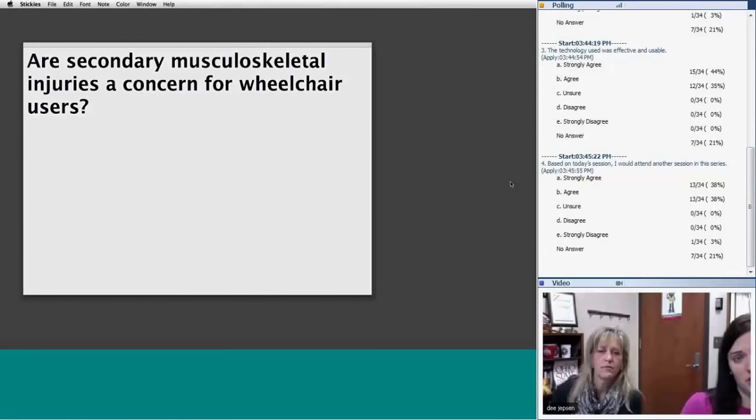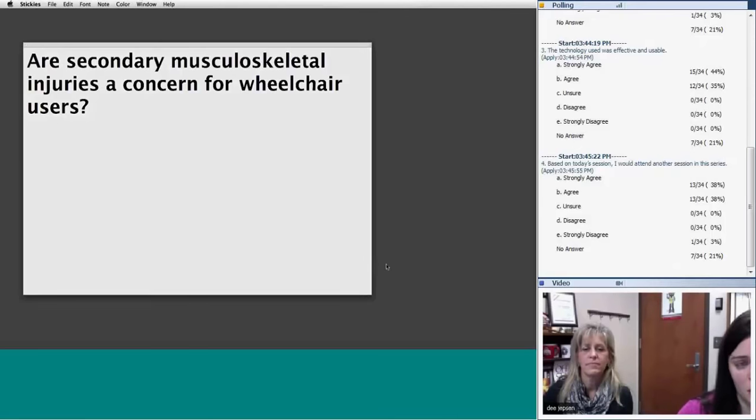Definitely. They're a huge concern, especially if you look at a user that has a spinal cord injury and has a manual chair that they're using their upper extremities constantly to propel themselves. A lot of those individuals are at risk of developing rotator cuff injuries, as well as some spinal deformities, just because of that forward movement and, again, wearing out those muscles.